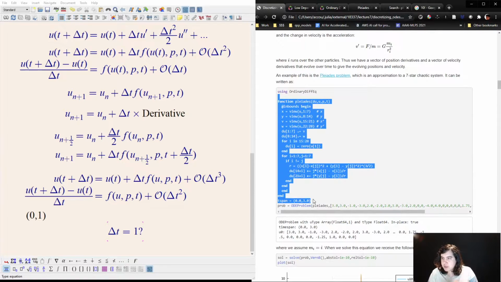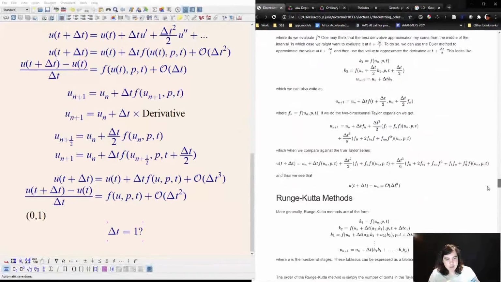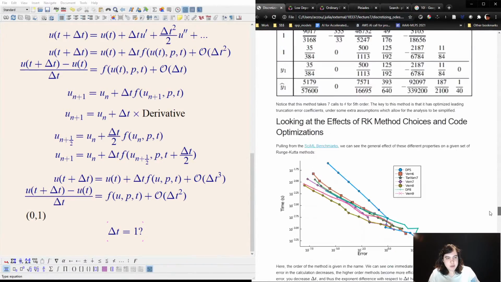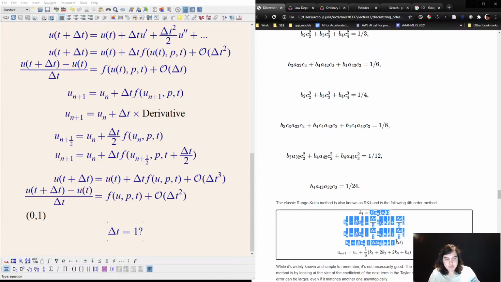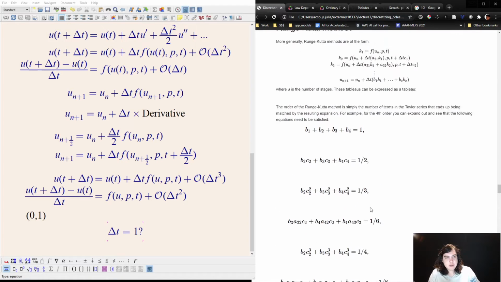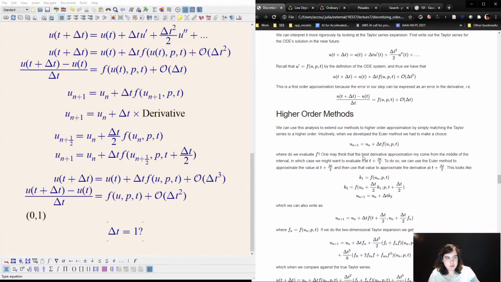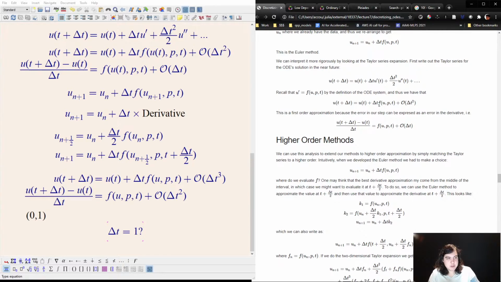So to a first approximation, most of the time is spent inside of that f call. So you can count your efficiency of the method by counting how many f calls you do. So this fourth order method calculates f 5 times, while Euler's method calculates f 1 time, because you just use one f call here to tell you how you move in the future.